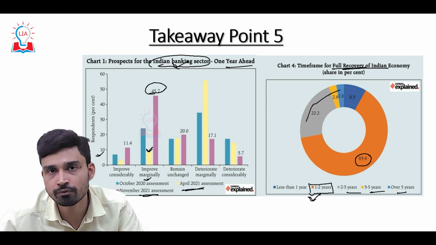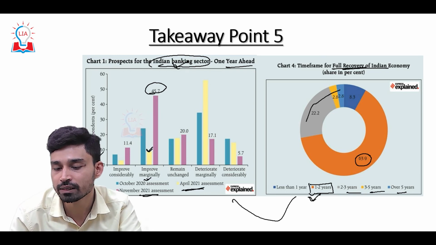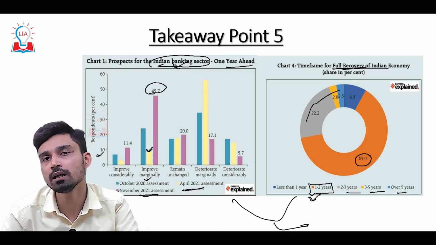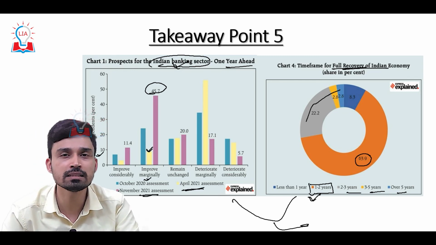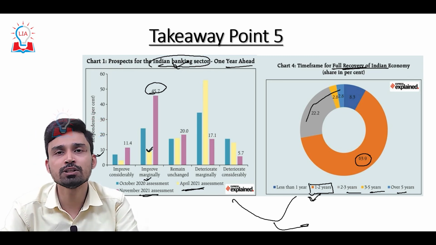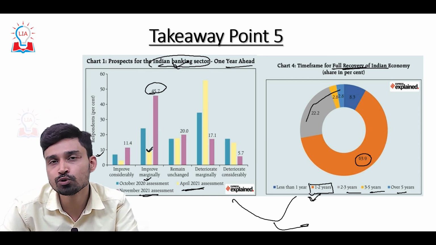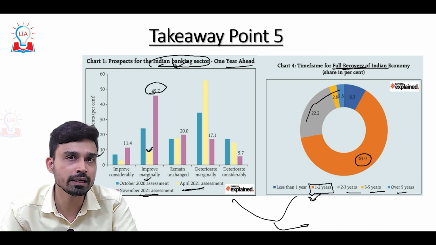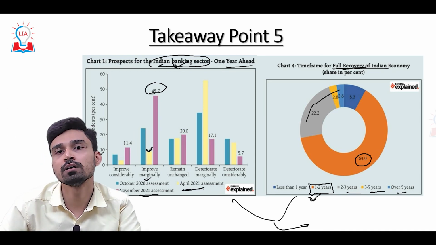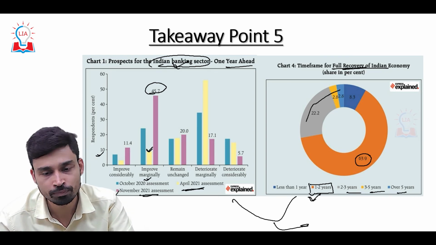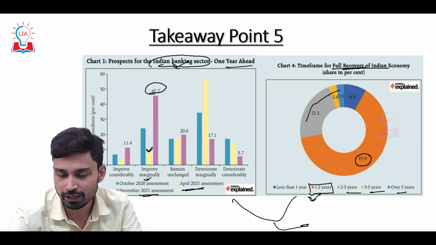Overall, what we can take away from these two graphs is that the general sentiment of the market and of the public at large seems to be toward a better scenario, and the belief that banking and financial institutions are on the path of recovery and will recover within a period of 1 to 2 years. So this is a very good point.